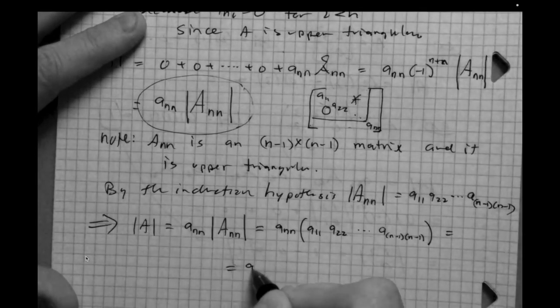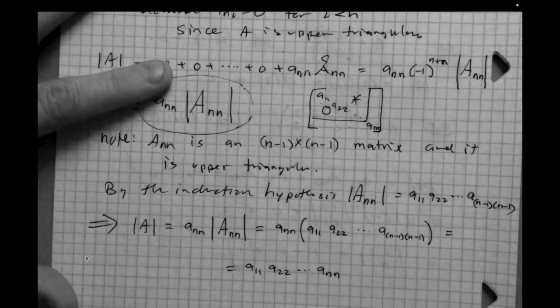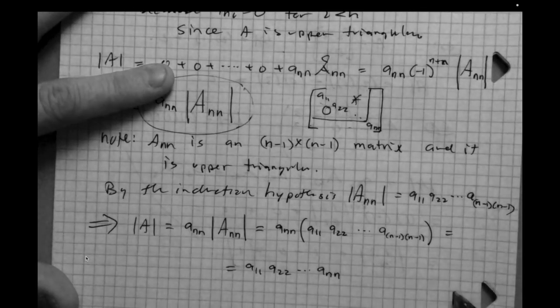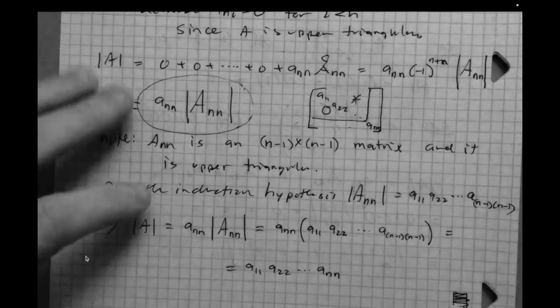So it's just equal to A11, A22, ..., Ann, and that is exactly what we want to show. So we've shown that for any upper triangular matrix, the determinant can be identified very quickly by simply multiplying the diagonal entries.